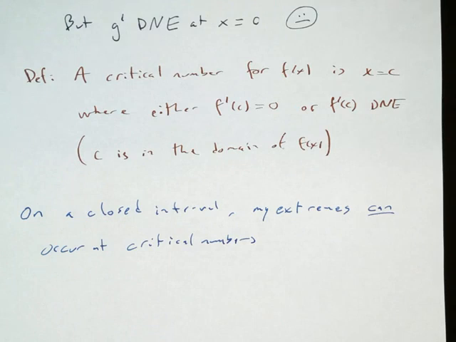And I guarantee you the local extremes will happen at critical numbers. But the absolute extremes could happen at the edges of my window.